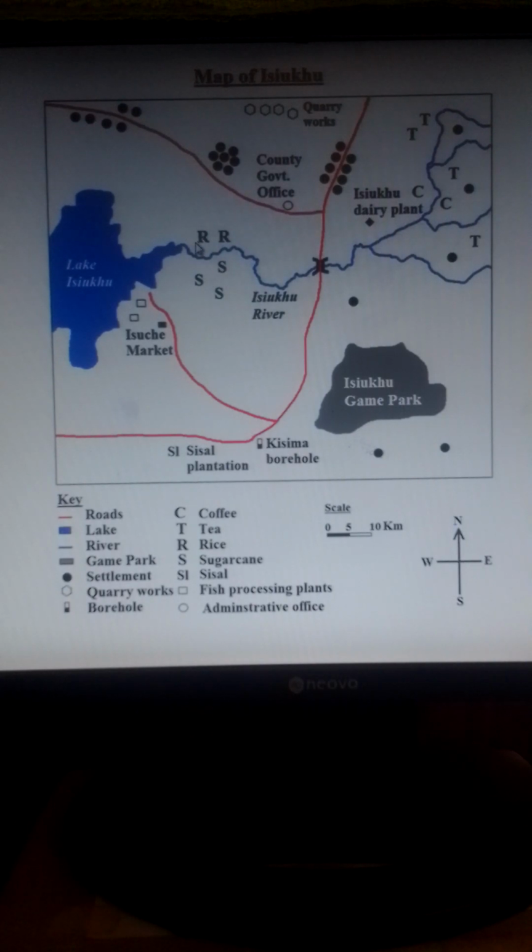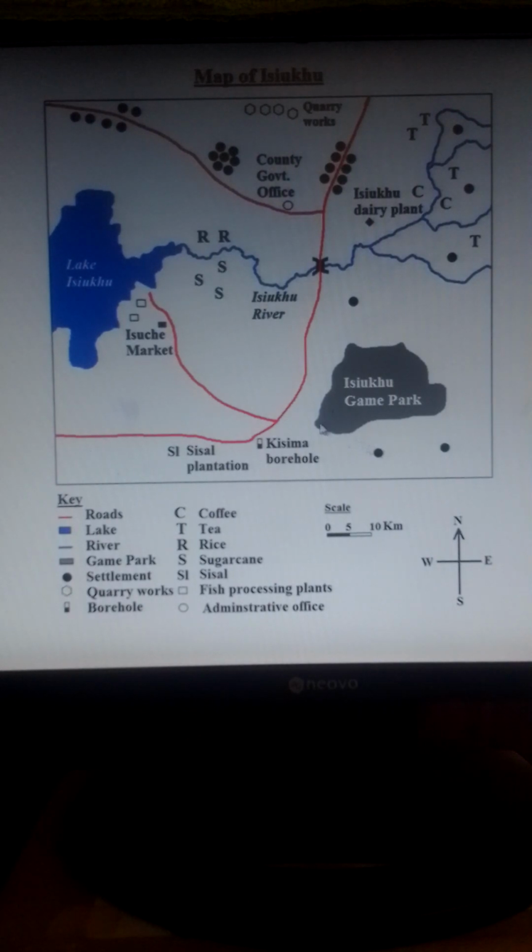Now, if the climate is hot and dry, we can tell if there is any sisal being grown, if there are seasonal rivers and seasonal lakes, if we have got scanty vegetation, if we have boreholes, shrubs and scrub.